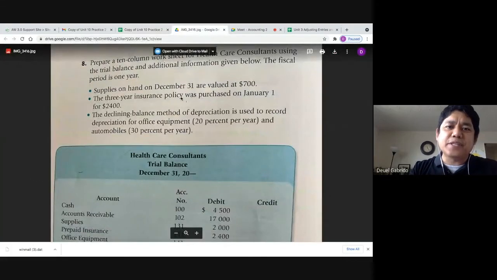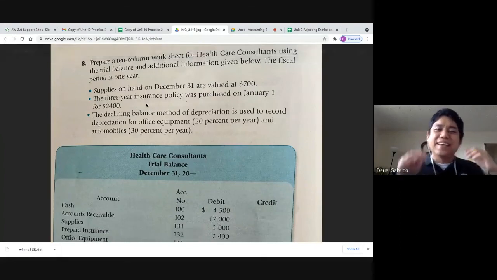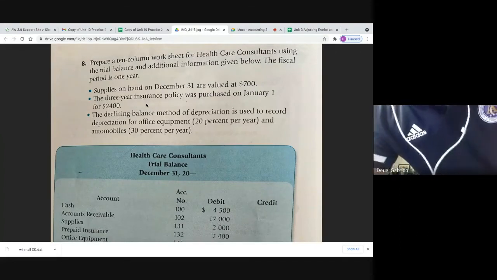The 3-year insurance policy was purchased on January 1st for 2,400. Think about that. What should be debit? What should be credit?